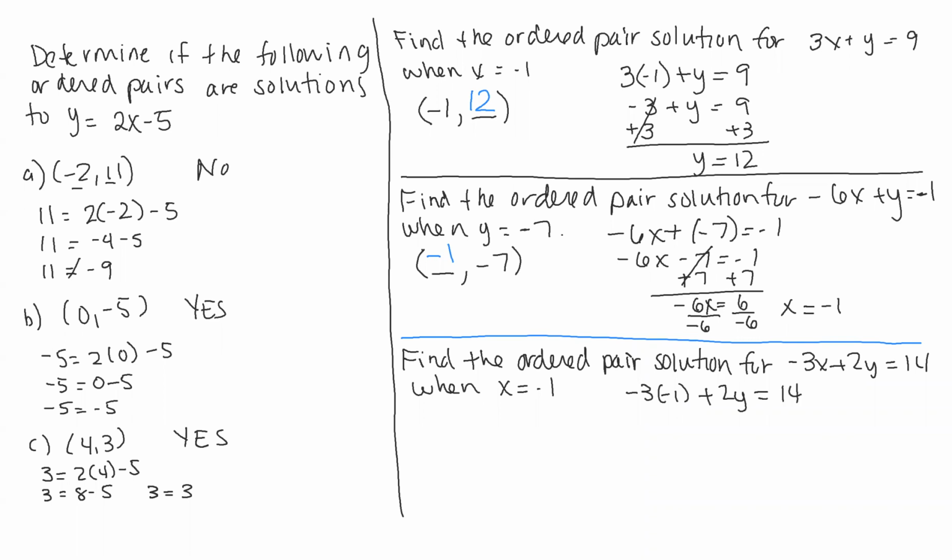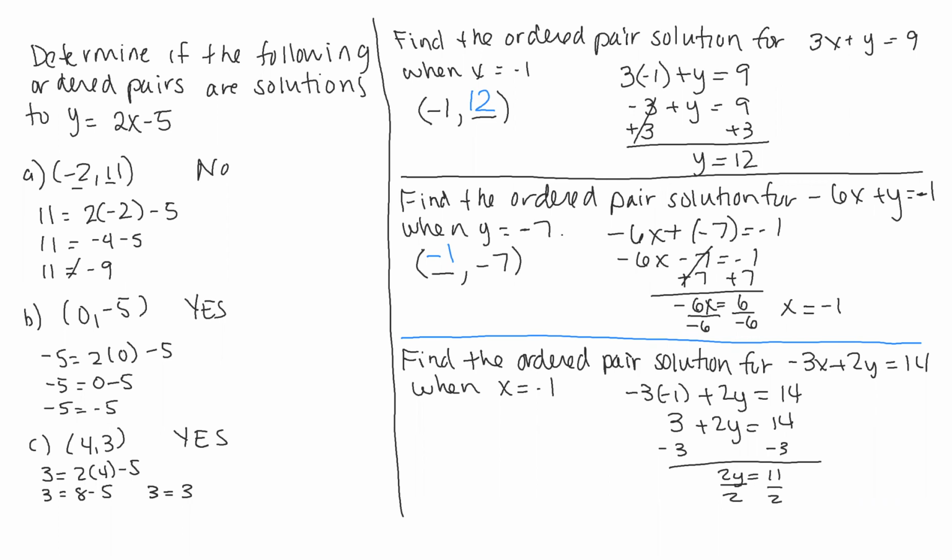All right. -3 times -1 is 3, plus 2y is 14. Now I want to isolate the 2y, so I'm going to subtract the 3. That gives me 2y equals 11. Then to finish solving, we need to undo the multiplication of 2 and y.